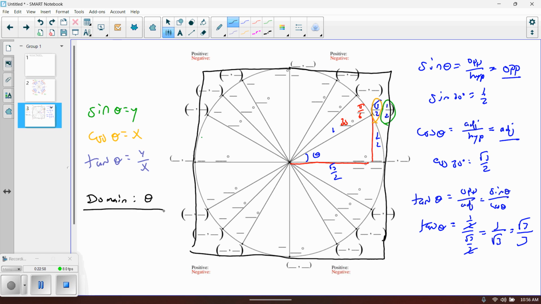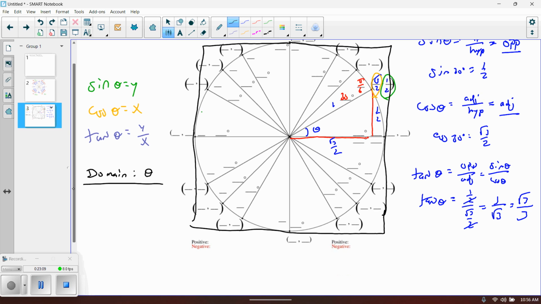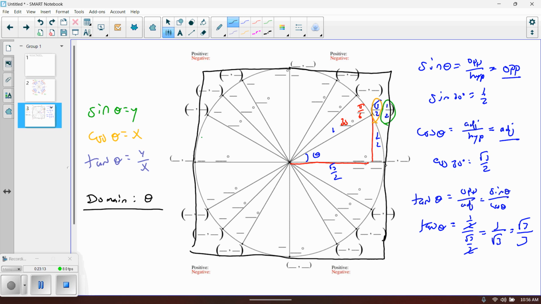Well, in this case, sine and cosine specifically, let's start with those, can take on any value that we want to. Anytime that I have a sine value, which is in this case the y value, it's going to give us an output someplace around the circle, no matter what value I pick for theta.